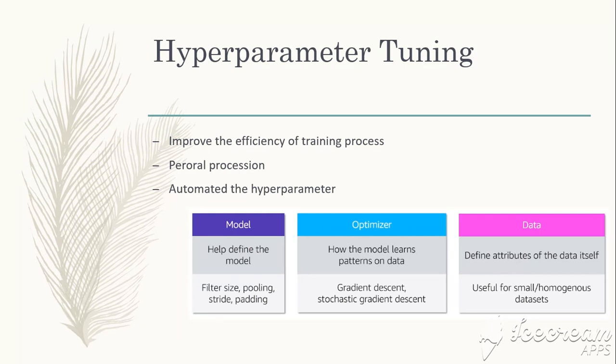And the hyperparameter tuning is required to make the process more efficient. If you're using hyperparameters, you can do fast modifications and improve the speed. When you do the parallel processing, it will give more efficiency.